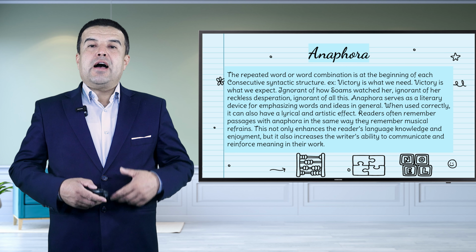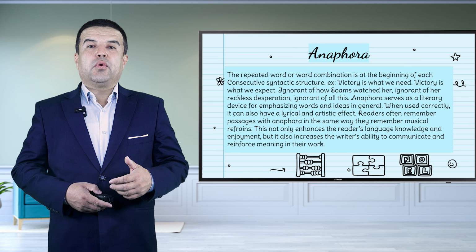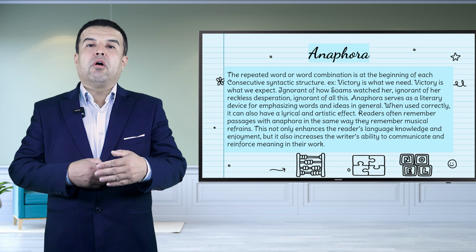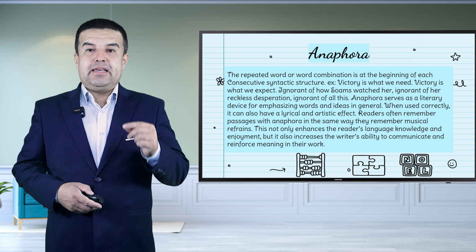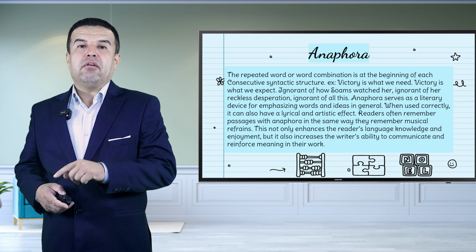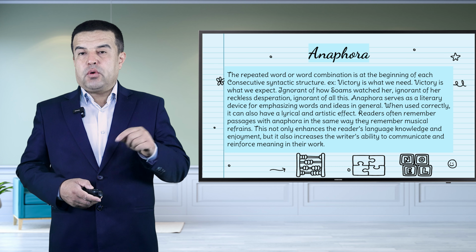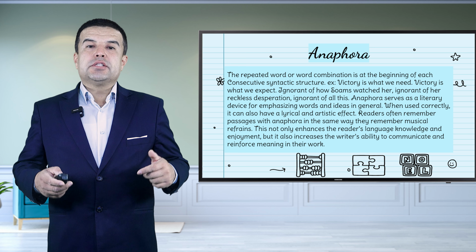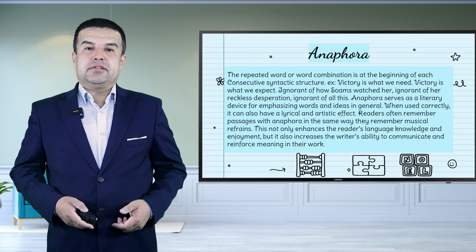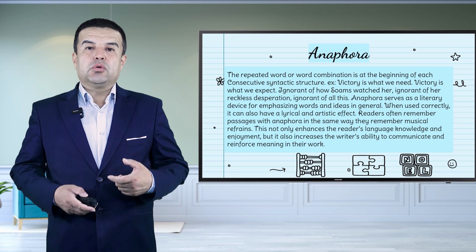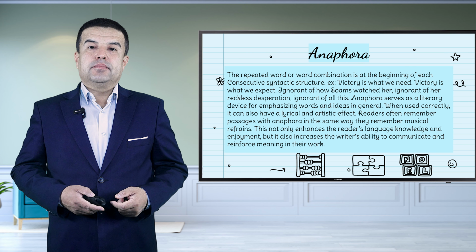The next one is anaphora. Anaphora is a repeated word or word combination at the beginning of each consecutive syntactical structure. For example, "Victory is what we need. Victory is what we expect."